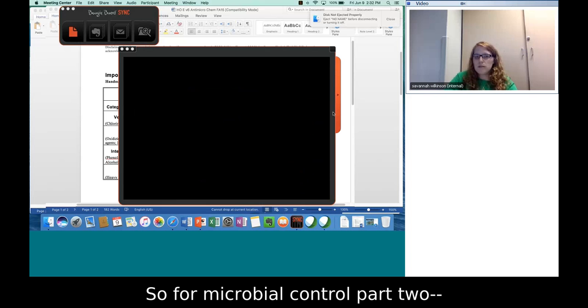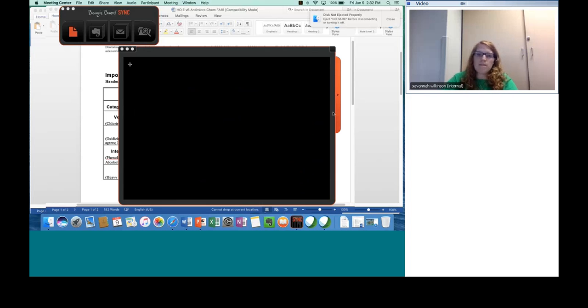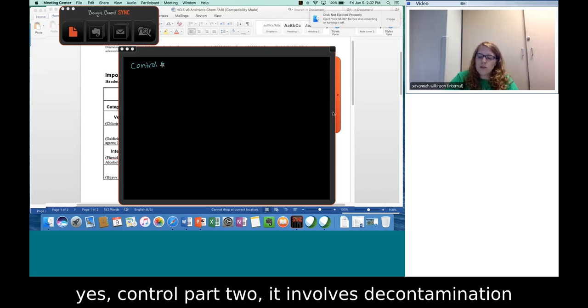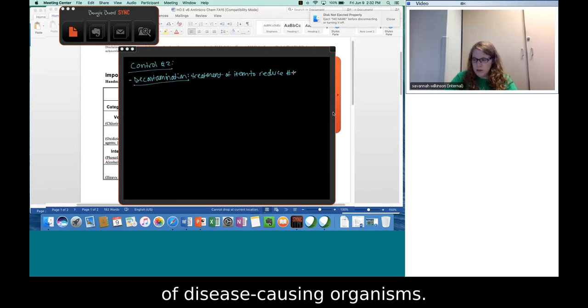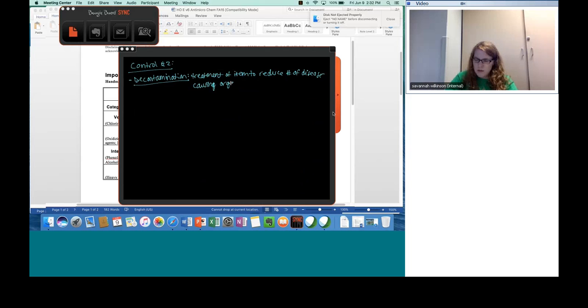So for microbial control part 2, it involves decontamination, which is the treatment of an item to reduce the number of disease-causing organisms.